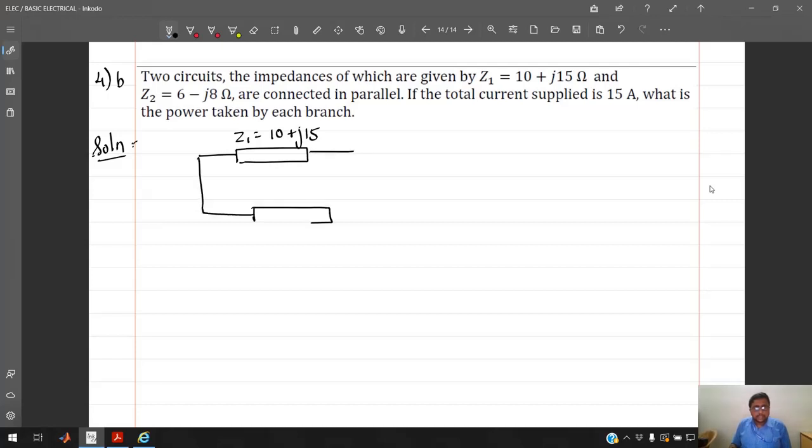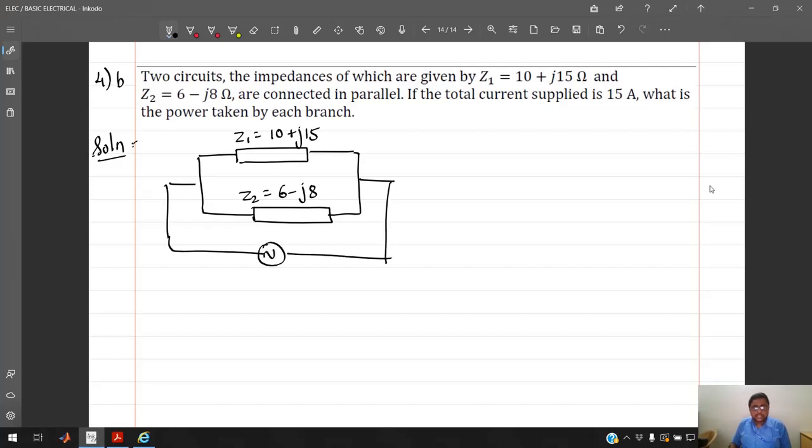And the other circuit is 6 minus J8, which is Z2, which means that it is an RC circuit of the form R minus JXC, and Z1 is of the form R plus JXL. So it is directly given in J terms, so you need not worry about it.